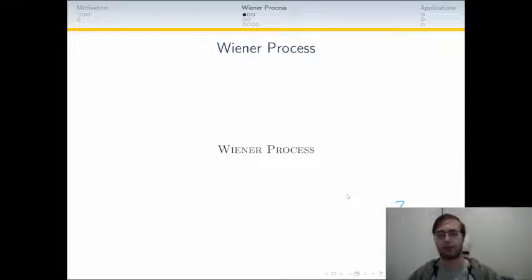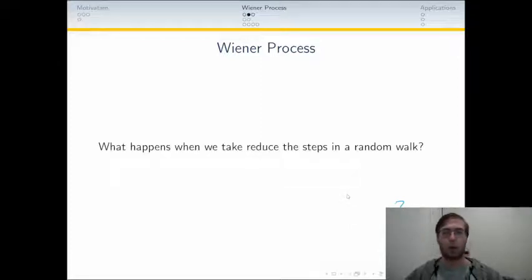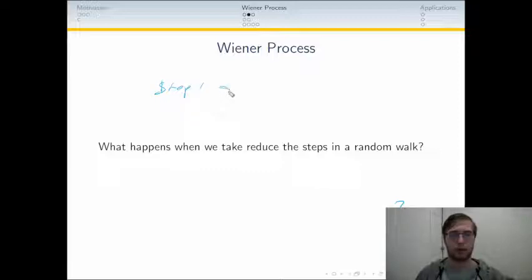Now, let's get into the Wiener process. Now that we've discussed random walks, what happens when we reduce the step size in a random walk? We were just discussing random walks, and we had discrete steps. Step 1, step 2, and we were discussing this as flips. So what if we had a step 1.5?